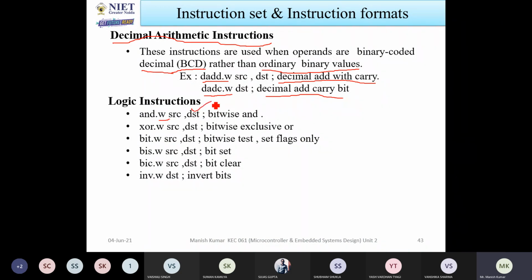So now when we are talking about the logic instructions, in these logic instructions, some things are available. Like you can see, there is the AND operation. If you want to do AND logic, use AND.W SRC DST.